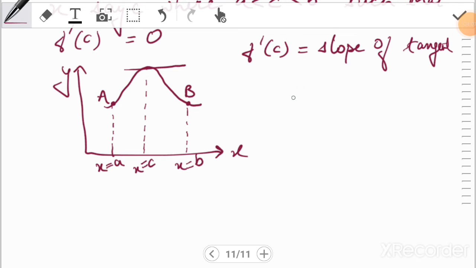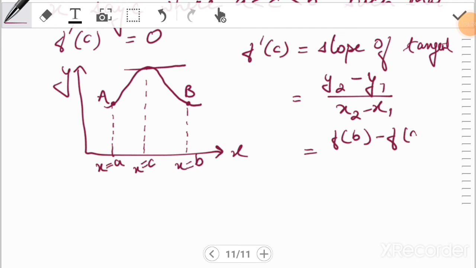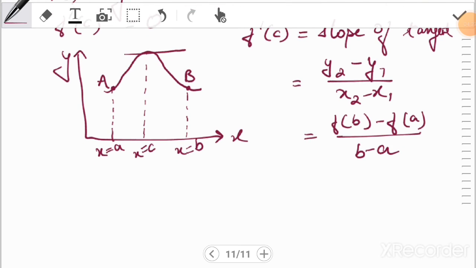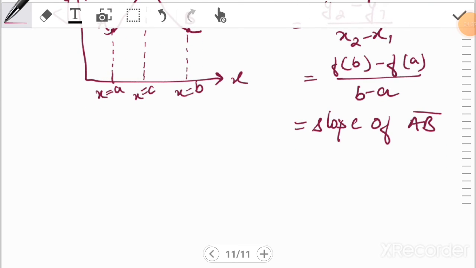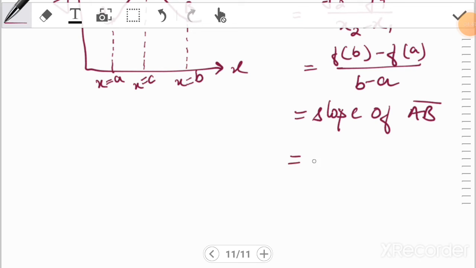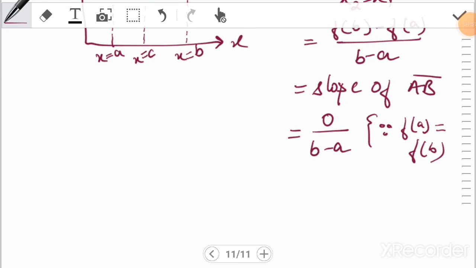So you can say y2 minus y1 by x2 minus x1, so f(b) minus f(a) by b minus a, the slope of line AB. Since f(b) is equal to f(a), this is 0 by b minus a. So we found that f'(c) is equal to 0.